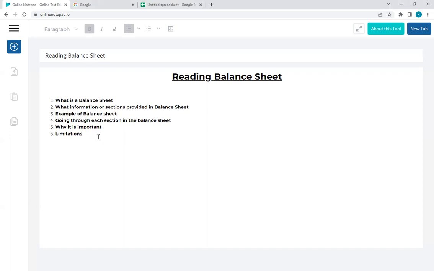So basically, what does a balance sheet mean? It is one of the financial statements released by every company on a quarterly and annual basis. This balance sheet is considered a snapshot of what a company owns and what it owes.